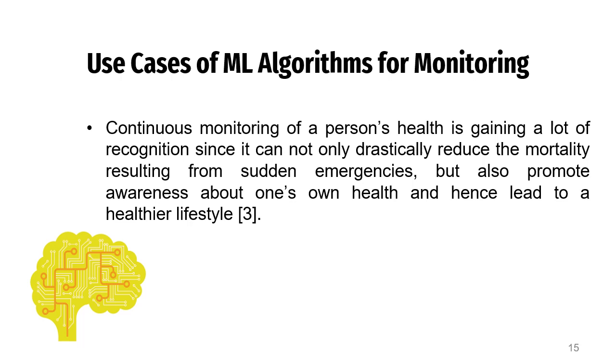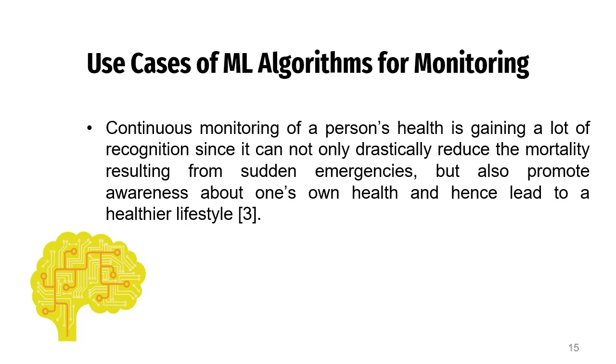Abnormality detection. In abnormality detection, ML algorithms can be used to identify abnormalities in data that may indicate potential problems such as equipment failures or security breaches. Abnormality detection algorithms can be trained on historical data to identify patterns that deviate from normal behavior.